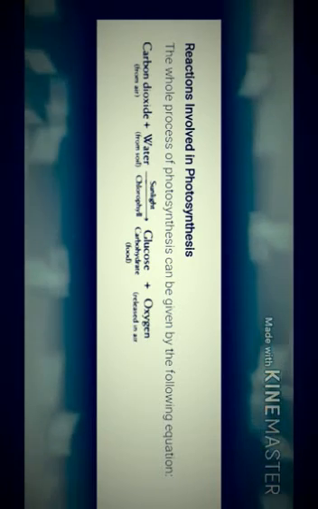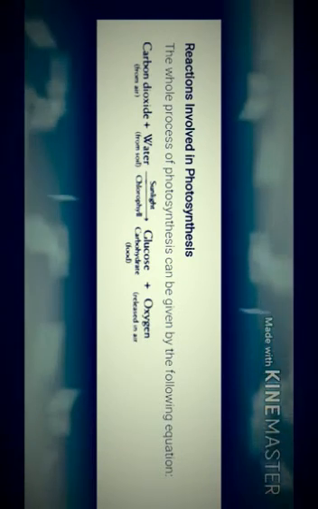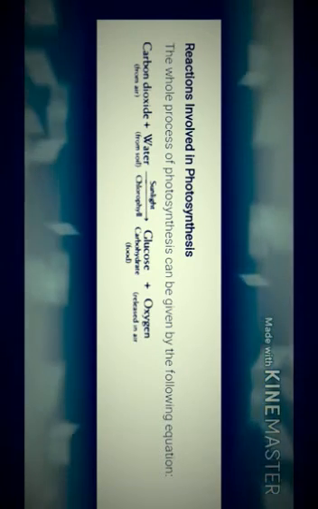Okay, just mark the second point. The food is prepared by the green leaves of a plant in the form of a simple sugar called glucose. Just mark the third point. The extra glucose is changed into another food called starch.